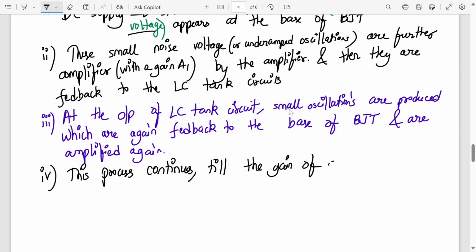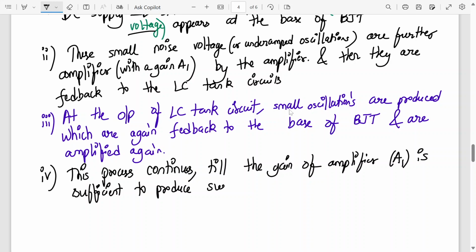the gain of the amplifier A1 is sufficient to produce sustained sinusoidal oscillations.